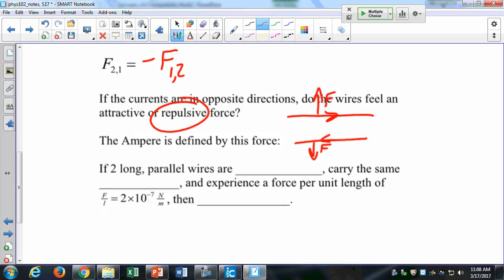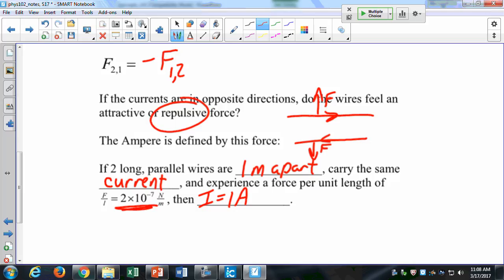In fact, this force is how we define the ampere. I don't know if you were wondering, how do you define what an amp is? I mean, we say that it's a coulomb per second, but this is really the way that we define it. We say that if you have two long parallel wires, and they're 1 meter apart, and they carry the same current, and they experience this force per unit length, then we say that that current is 1 amp.